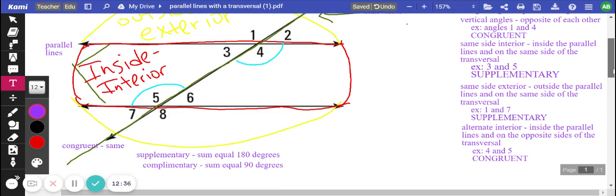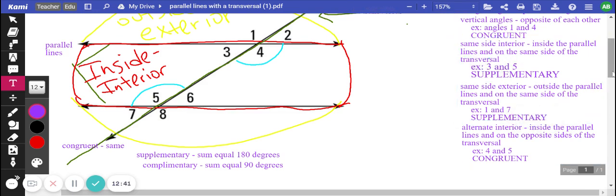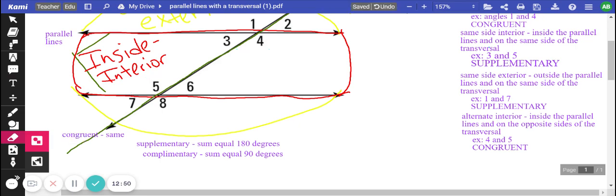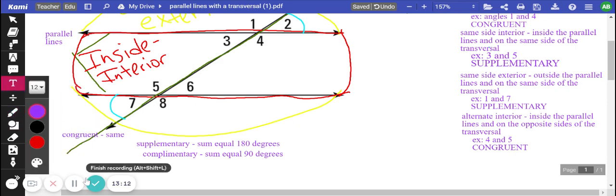Okay. The other angles that we've talked about, vertical angles and the alternate interior angles, are all congruent. Now we also have alternate exterior angles. So we have 7 and 2 could be an example of those. They are outside the hamburger patty, so outside of the parallel lines, and they are on opposite sides or alternate sides of the transversal.